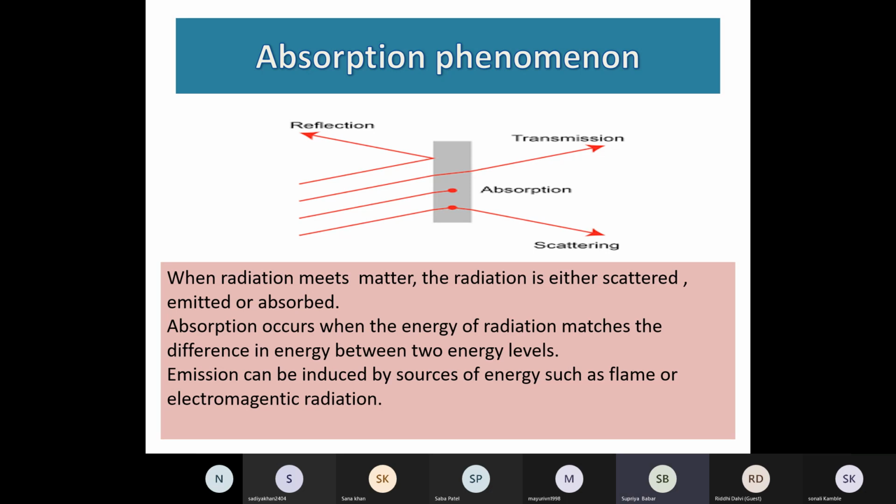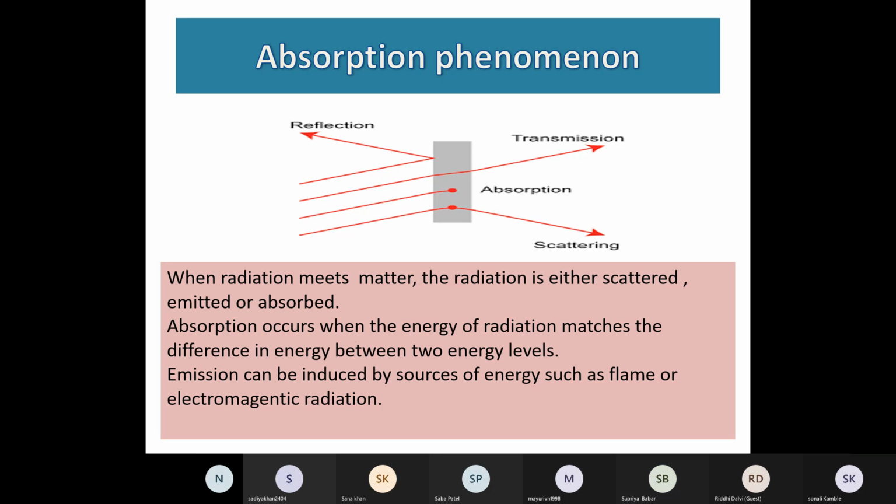And there is absorption, in which the radiation is absorbed by that substance. That is the absorption.